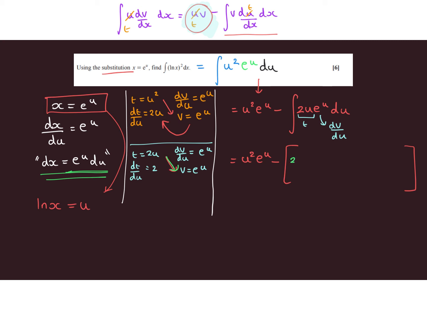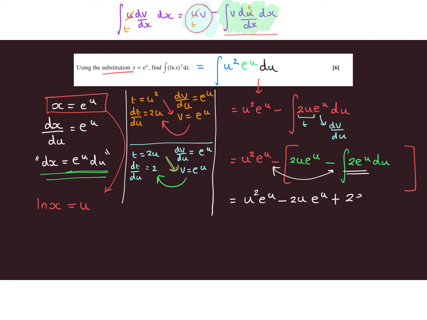So that's 2u e to the u, take away the integral of, and now we're on to this part here. So that means we need the product of these two. That's still got to be integrated, so there's still work to be done here. So this is u squared e to the u minus 2u e to the u, and then minus minus will give me a plus, and then integrating this will still just give me 2e to the u plus c.